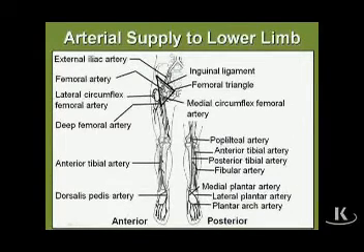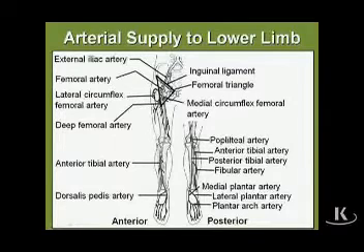So the posterior leg gets its blood supply from the posterior tibial and the fibular artery. The anterior leg gets its blood supply from the anterior tibial artery, which, although it initially is in the posterior compartment, then passes just above the interosseous membrane to get back into the anterior compartment, and then continues down, supplying the muscles of the anterior compartment.